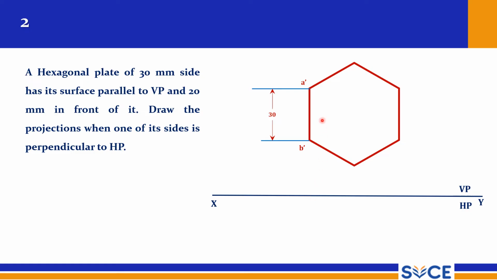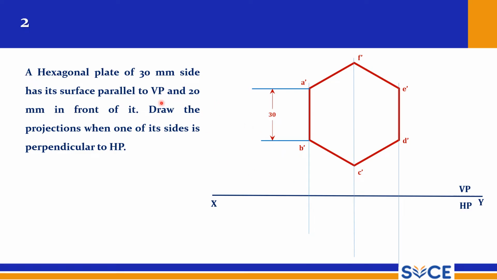Whereas here, since opposite sides are parallel, another side also will be perpendicular. So no need to worry about it. Only the condition needs to be satisfied here. So A dash B dash is perpendicular to HP, right? So you can notate A dash B dash. Now the top view is in front of VP at 20 mm.